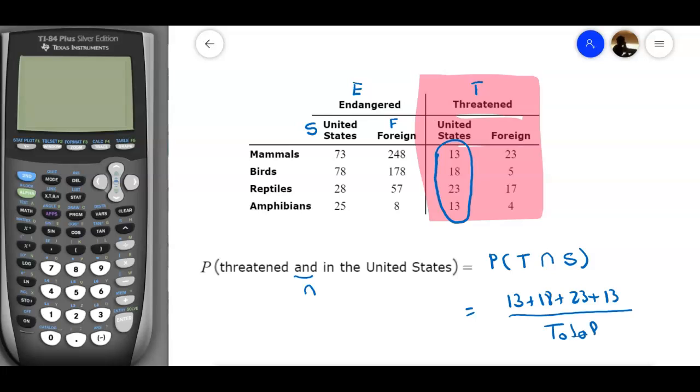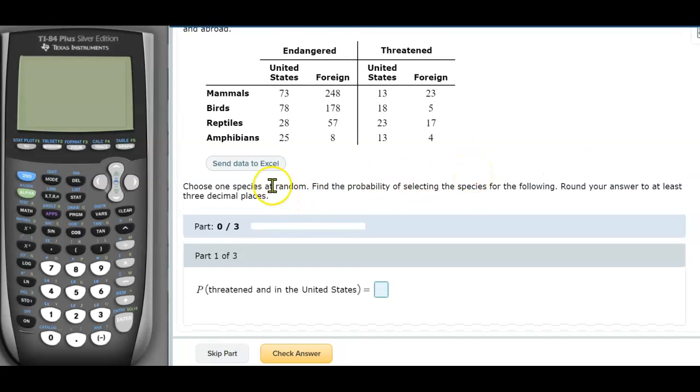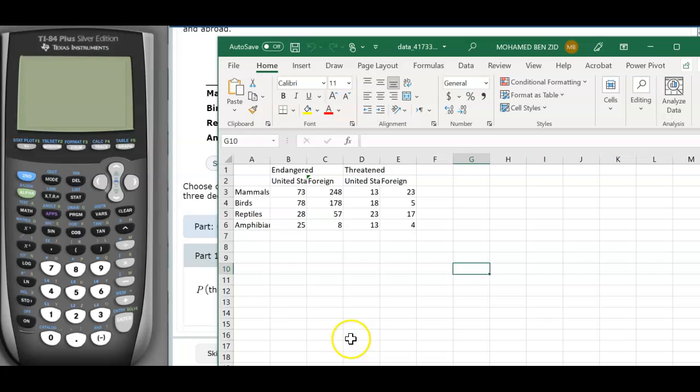The total number is the sum of all these boxes here. This is kind of annoying to do on the calculator, so I'm going to take the option to do it in Excel, so it goes faster. The data is already downloaded in this Excel.